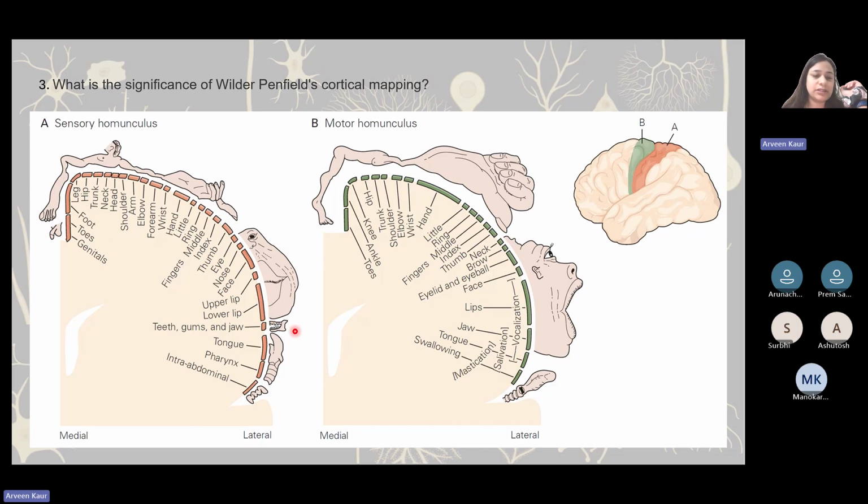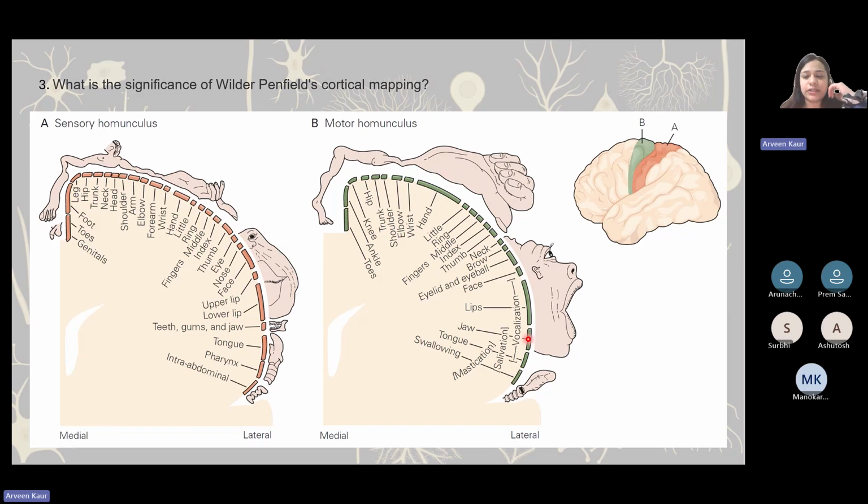The foot has a huge area. The tongue has a huge area. Wrist, hand and fingers together also take so much area, while for the entire arm, only this much area is dedicated. For the entire forearm, only this much, while the index finger alone or the thumb alone has this much, which is much higher than that.